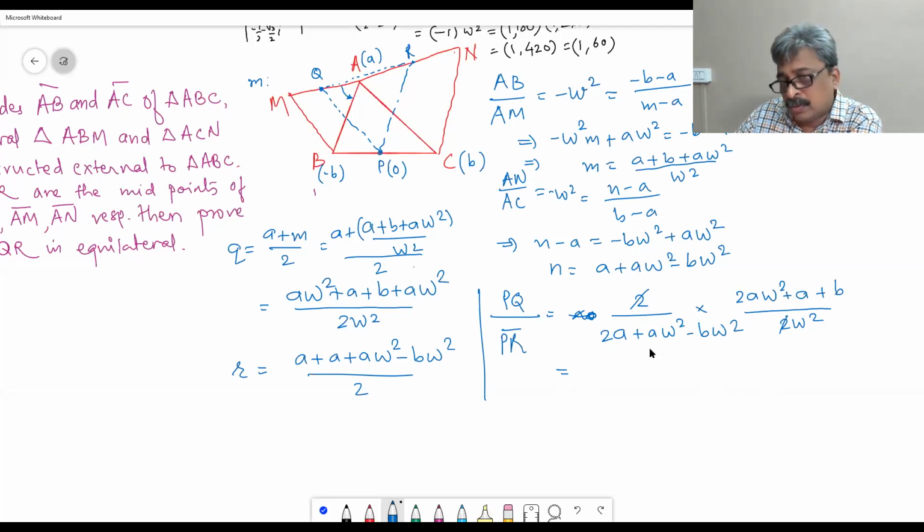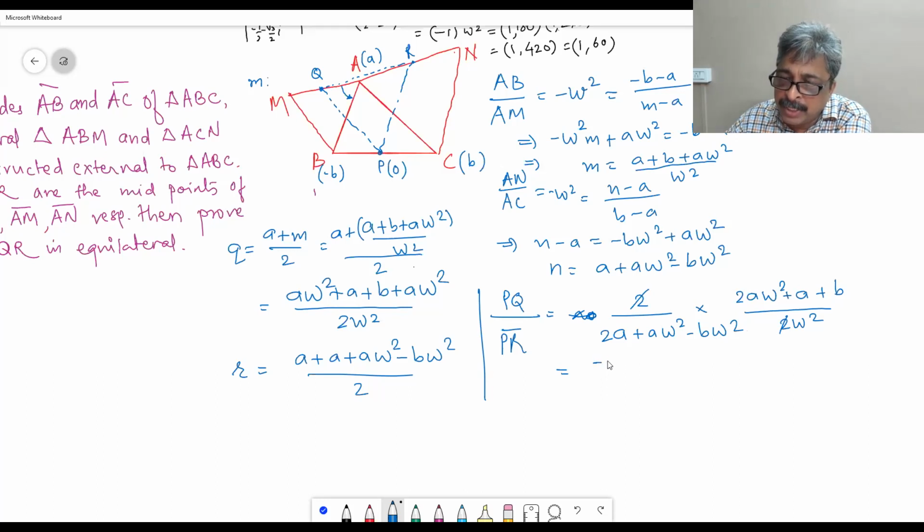Now, we have 2A here and I want to make 2A plus A, and suppose I want to make this value B as minus B omega square. Therefore, what should I multiply this numerator by? Minus omega square. I multiply the numerator by minus omega square.